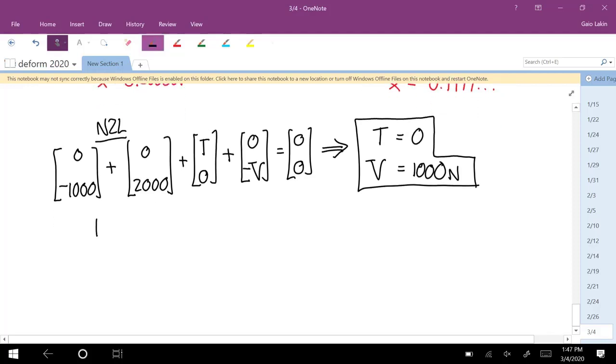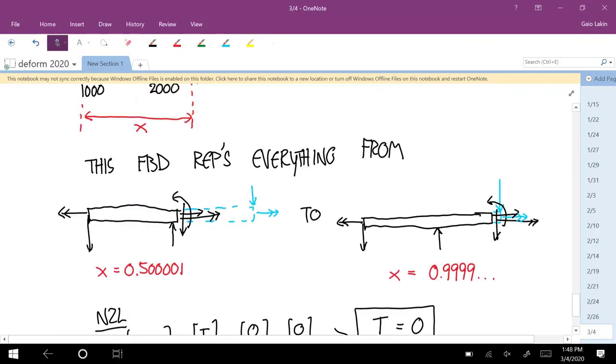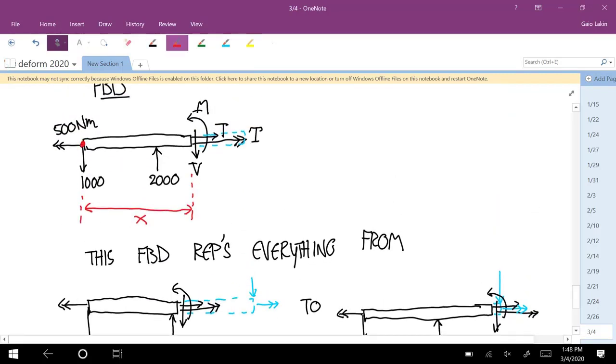And now the moments about the Z-axis. Our about point is still going to be all the way at the left. The 1,000 doesn't produce one. The 2,000 does. What's the moment arm of that 2,000? 0.5. Yep. Because this distance doesn't change depending on where this is. You see that? The distance between the left endpoint and that roller is fixed.